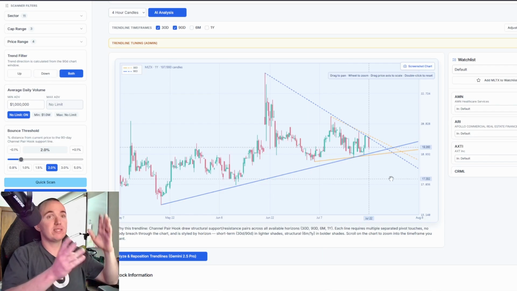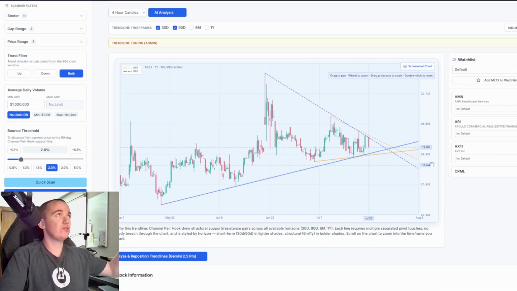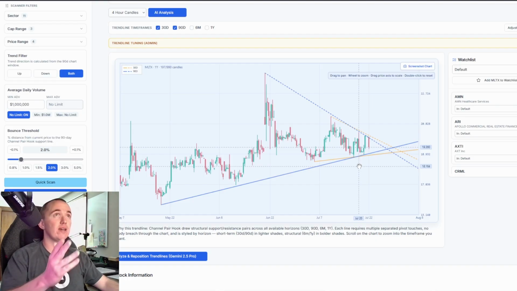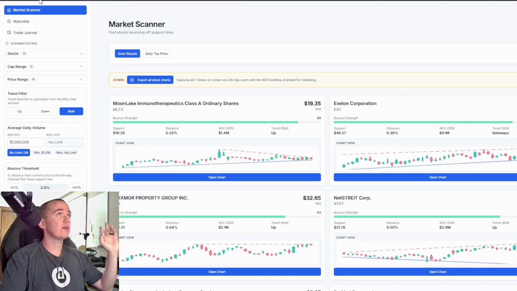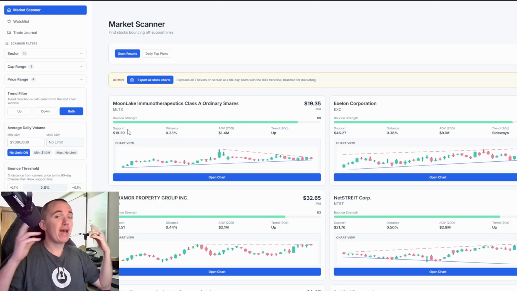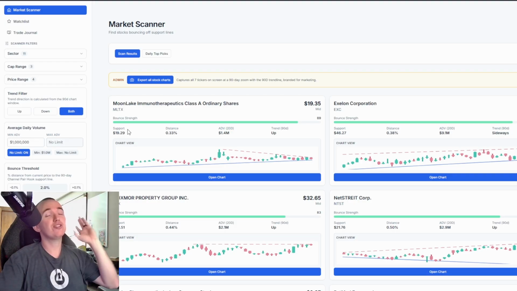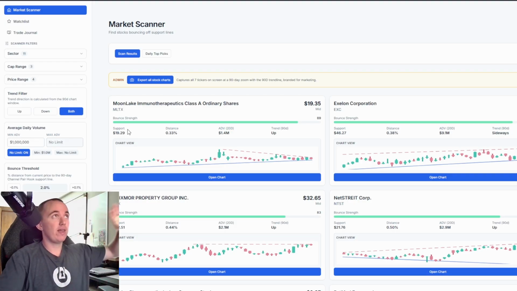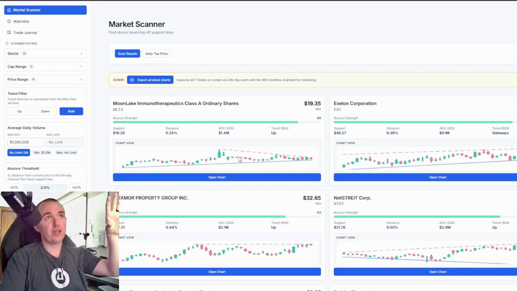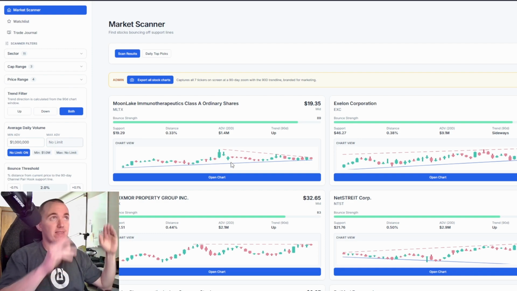And this is exactly, for this one case, how I use trendlines to find stocks like this. I'm going to go back to the market scanner here, because it is using math for the most part for the initial trendline draw that pulls all of these charts onto this page for you. It is actually using math and leveling out the lines as it goes.